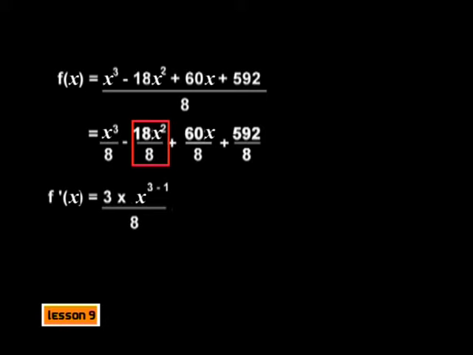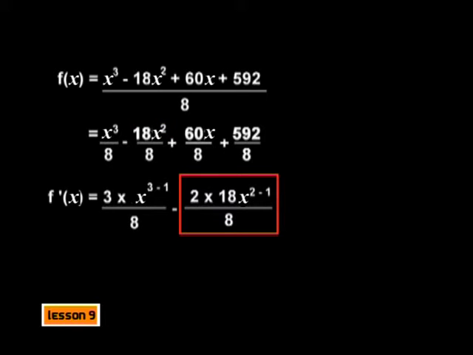The next term is 18x squared divided by 8. Again, this 2 comes to the front, and I get 2 times 18x to the power of 2 minus 1, which gives me 2 times 18x to the power of 2 minus 1, all divided by 8.